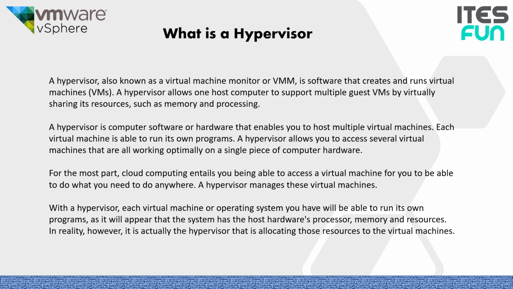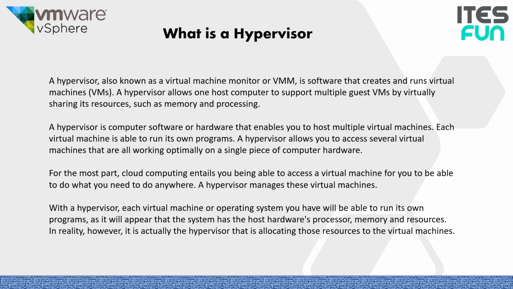A hypervisor allows you to access several virtual machines that are all working optimally on a single piece of computer hardware. For the most part, cloud computing entails you being able to access a virtual machine so that you can do what you need to do anywhere. A hypervisor manages these virtual machines.